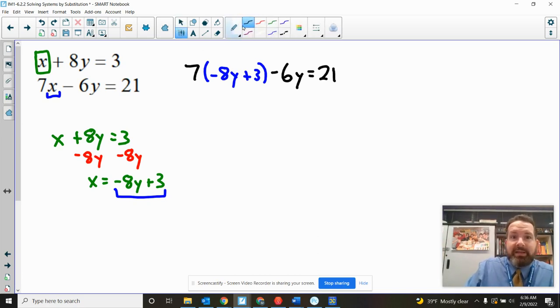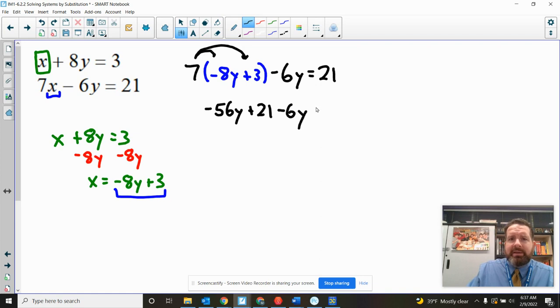So let's do that here together. First, some simplifying. We want to get the 7 distributed so we don't have those parentheses anymore. So 7 times negative 8y, that's negative 56y. 7 times positive 3 is plus 21. The minus 6y is still there. And the 21 is still there.